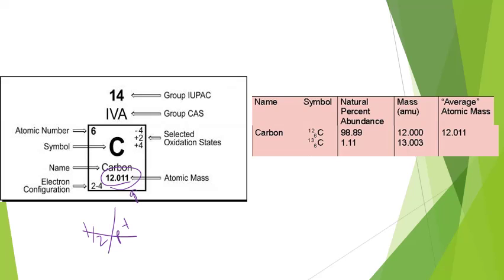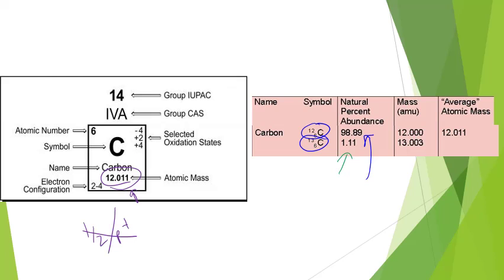Well, that comes down to the average atomic mass concept. Here's an example. The two most common isotopes of carbon are carbon 12 and carbon 13. If you went out in nature and got a sample of carbon, 98.89% of it would be carbon 12, and a tiny 1.1% of it would be carbon 13, and carbon 14 is even rarer.